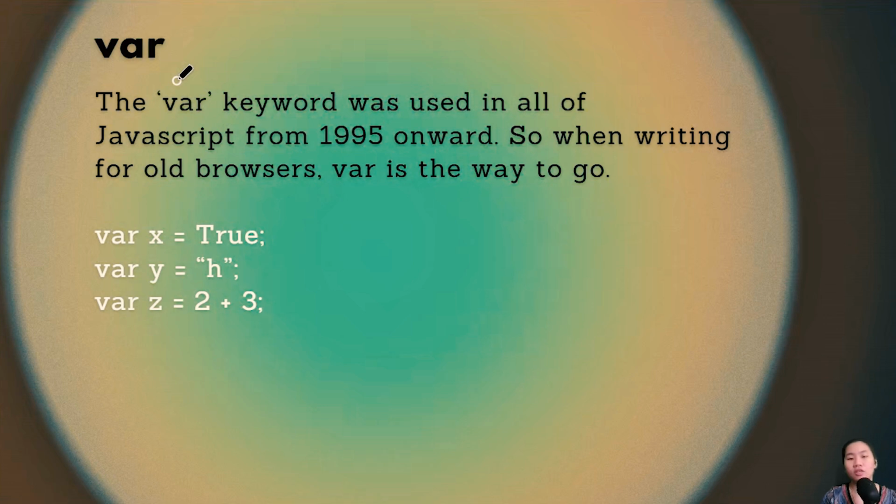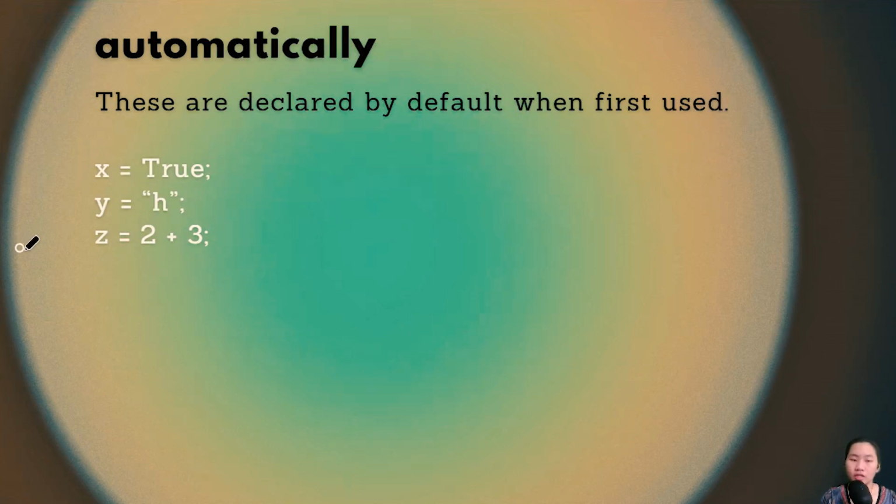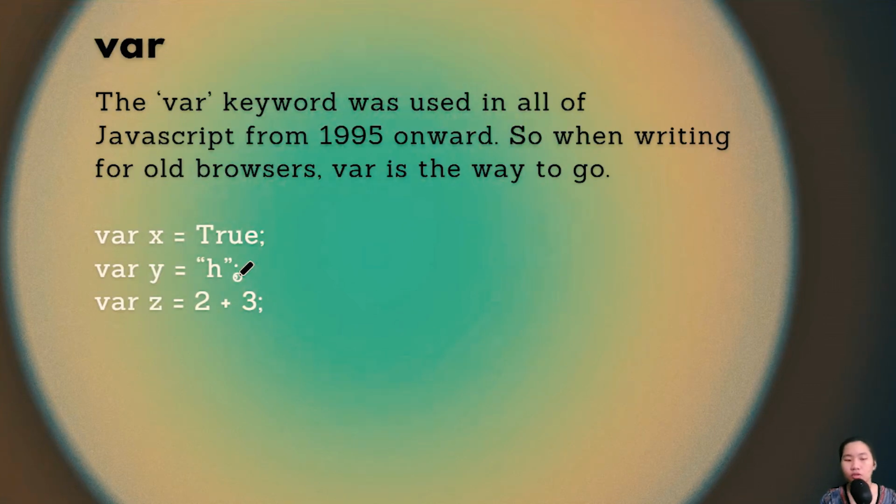Coding is already hard enough. We don't want to make it even harder with any incompatibility issues. Variable x equals true, variable y equals h, variable z equals 5 is the exact same thing as over here, but now we use the var keyword.